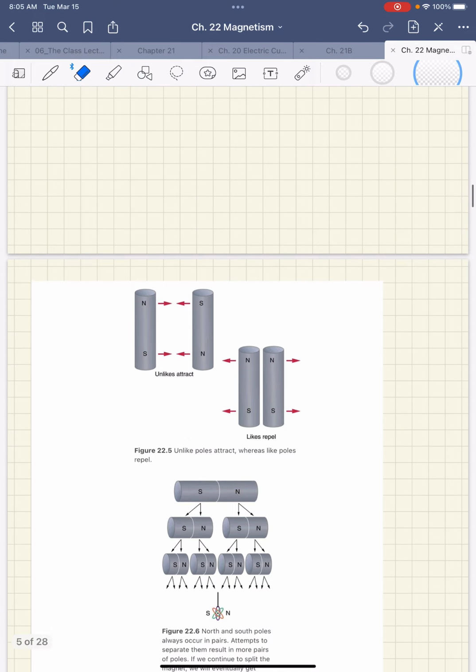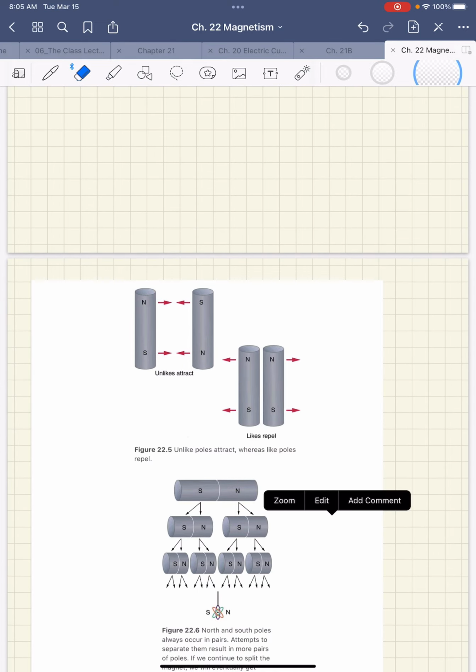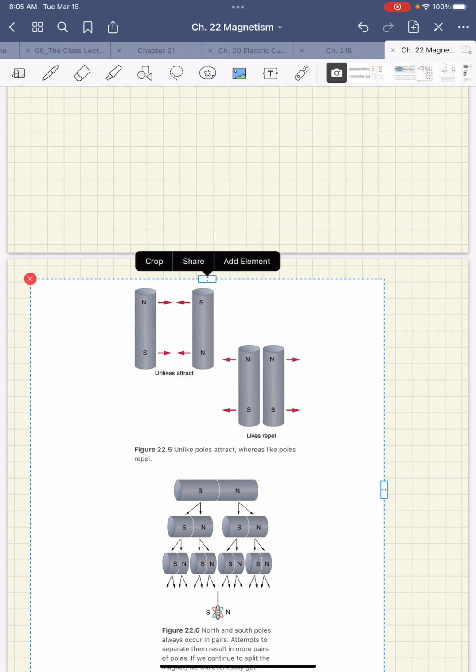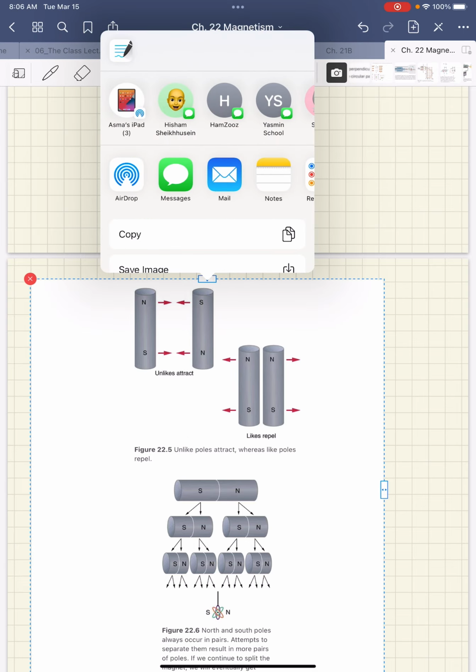This picture, maybe its place should be up. Share, then copy.